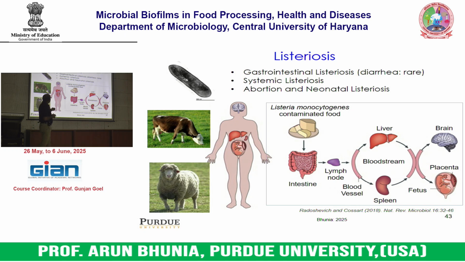But the bottom line is that this organism causes systemic disease, and abortion and neonatal listeriosis are also very common in pregnant mothers, because our immune system is weak and this organism can infect. That's the background about this organism as an infection. Cattle and sheep also get infected, and these animals can also be a source of Listeria.